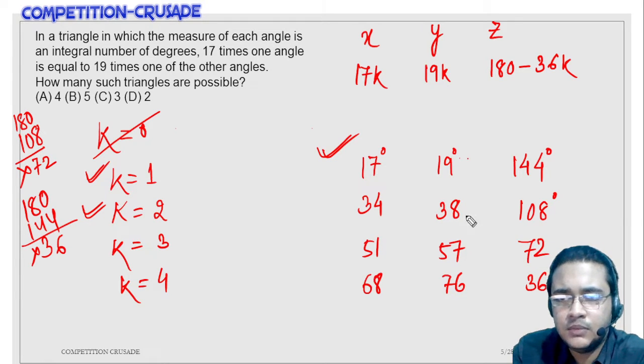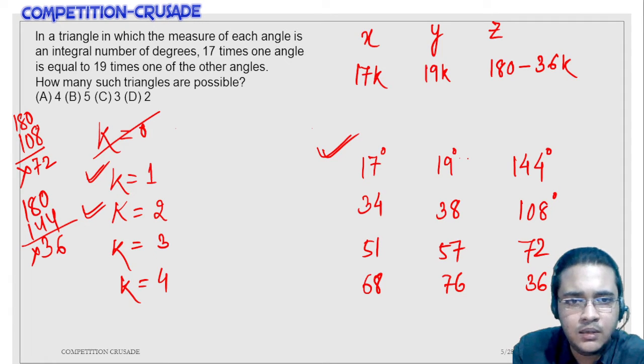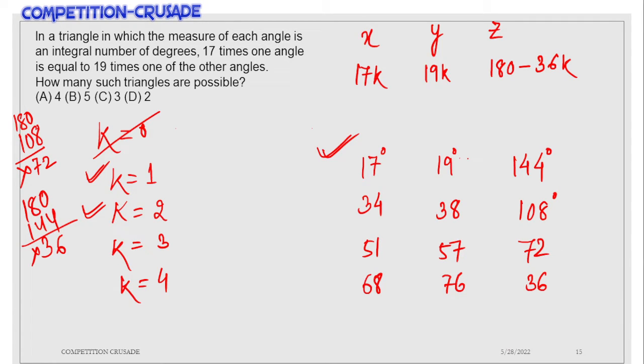Wait a second, let me just get rid of my video for a while. Okay, now quickly guys, tell me, k is equal to 5. Obviously if you put k is equal to 5, this will become 180, because 36 times 5 is 150 plus 30, 180. So 181, so this becomes a 0 degree angle.